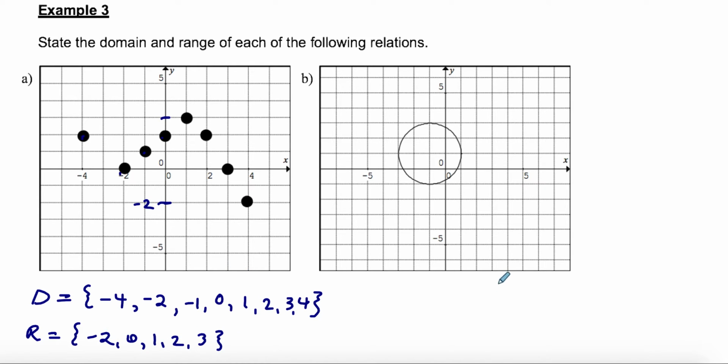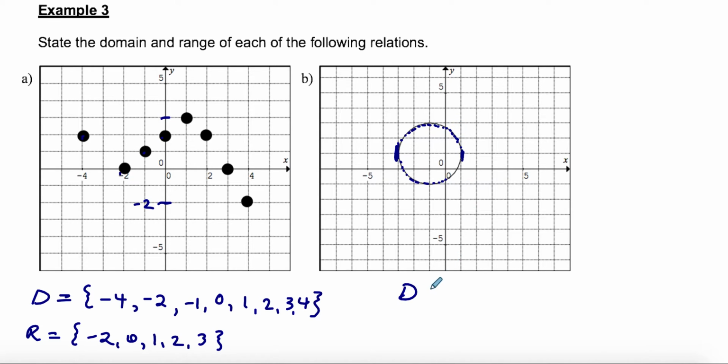This one over here in part B, I see that horizontally this circle has values along it that go all the way from -3 up to +1. So all of these values and all the values in between, and they're connected to each other.